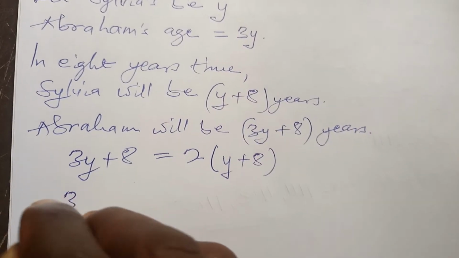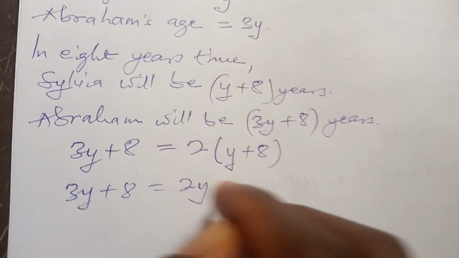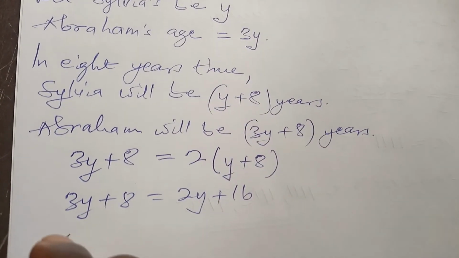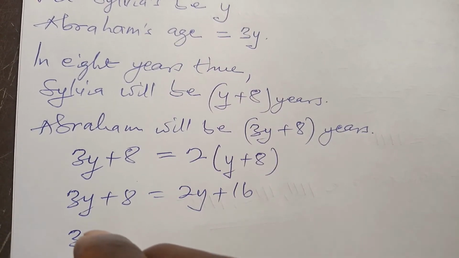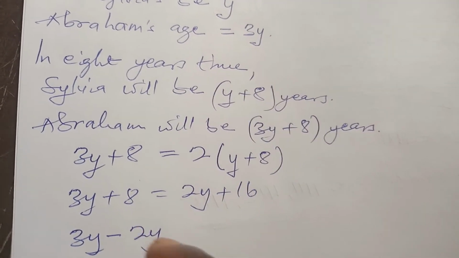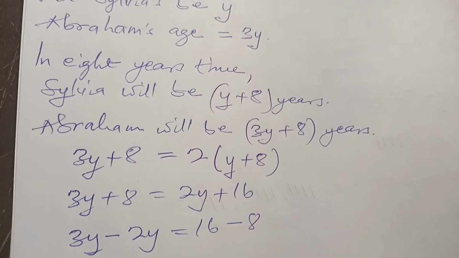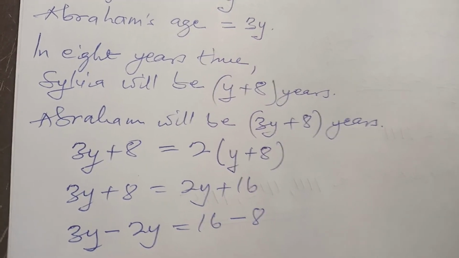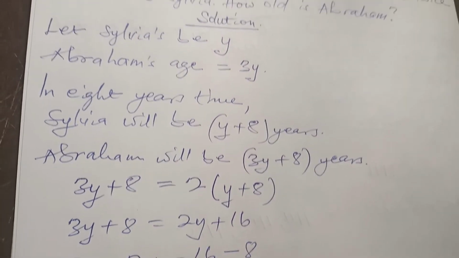So 3y plus 8 will be equal to 2y plus 16. We group like terms. 3y minus 2y equals 16 minus 8. 3y minus 2y is y. 16 minus 8 is 8. So y is 8.